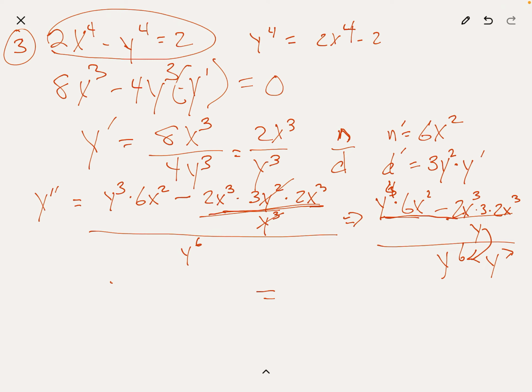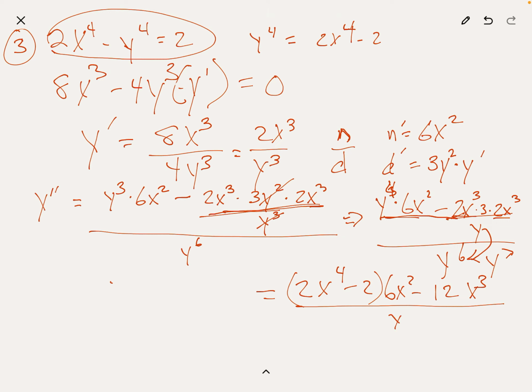So we plug that in. So 2x to the 4th minus 2 times 6x squared minus, let's simplify this over here, we've got 4x cubed times 3, so that's 12x cubed.